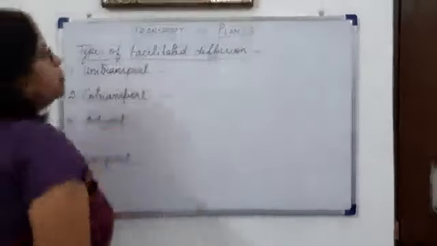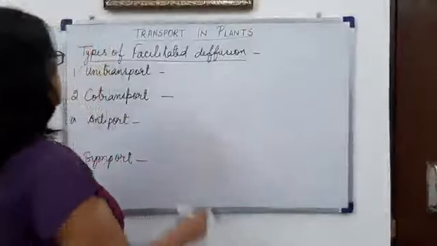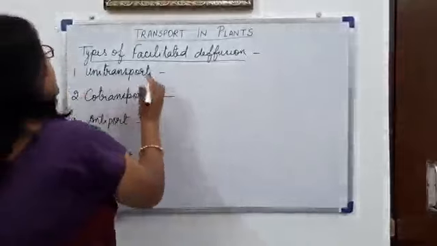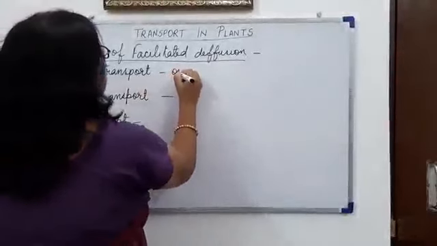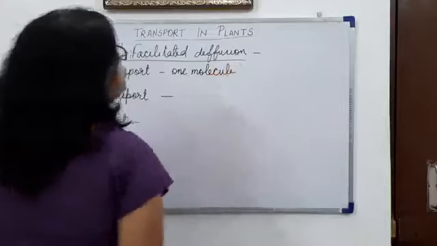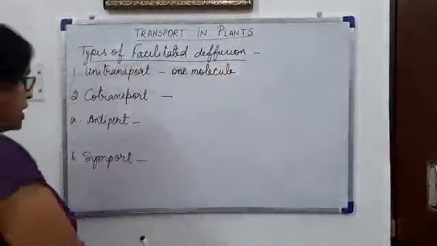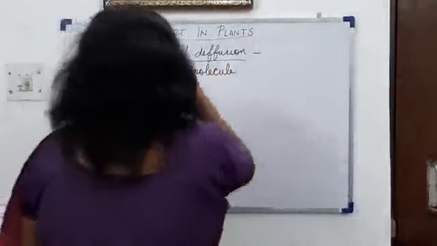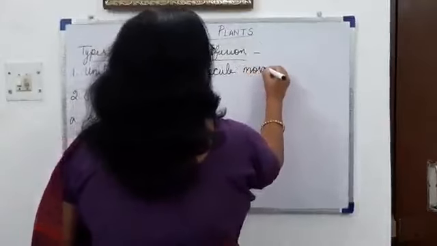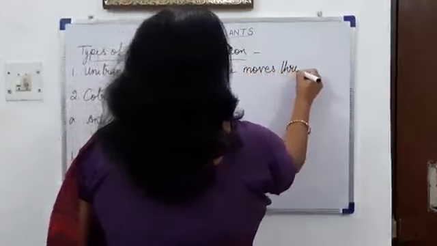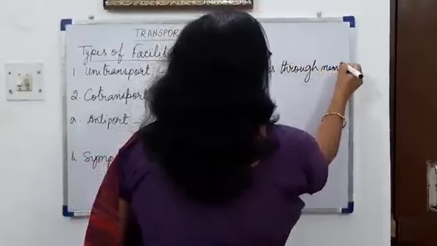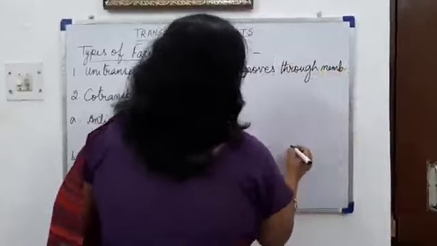Now, types of facilitated diffusion. The first one is unitransport, which means one molecule is transported. One molecule moves through the membrane. This we can show by this.